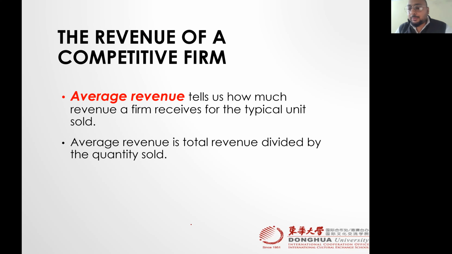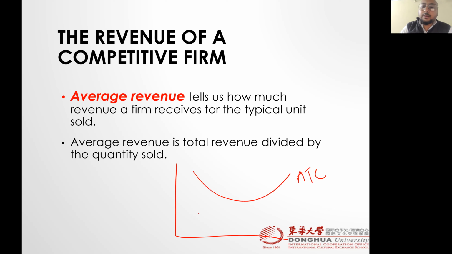What are the two major costs? Number one, total cost, and marginal cost. These are the two costs of interest for us as a producer because we want to maximize our profit.